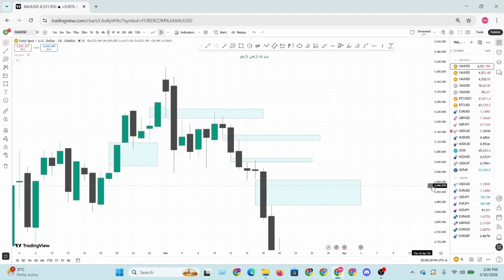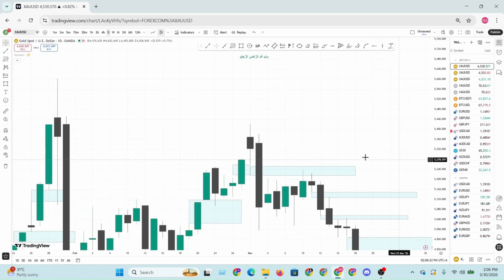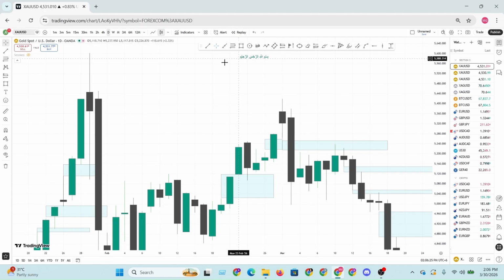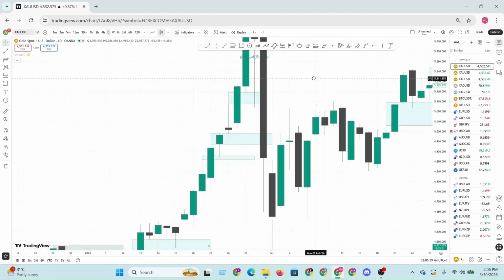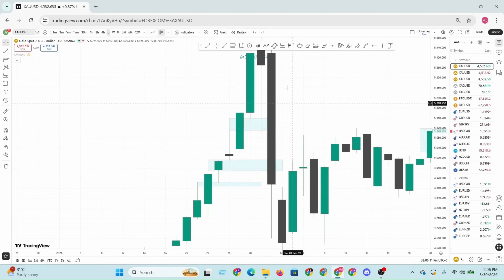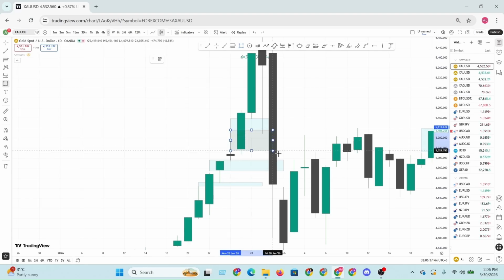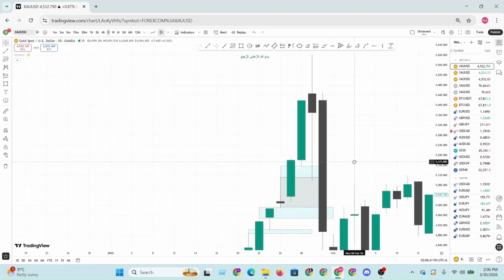So you see, this is the gap, and this is the first candle, which we call the order block, the buy zone.